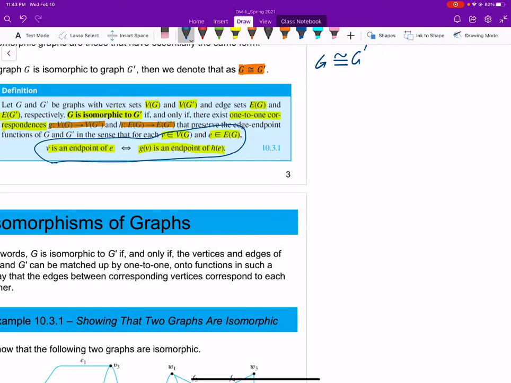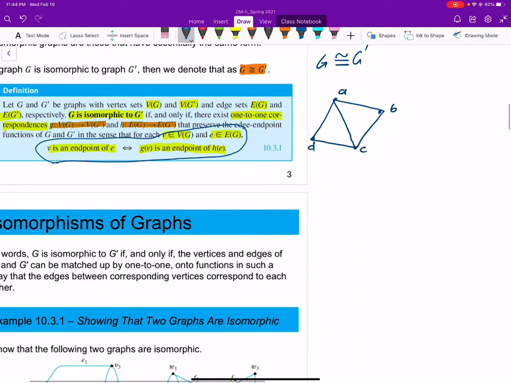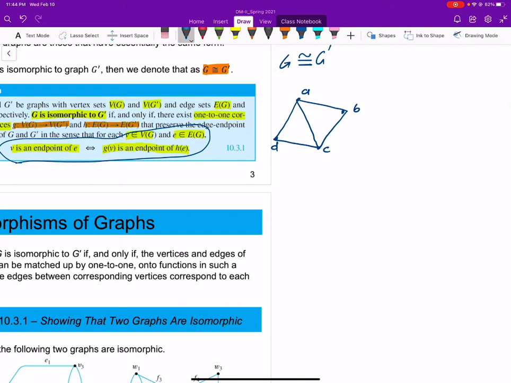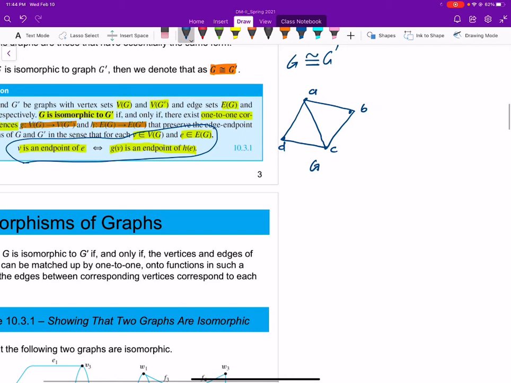Let's say this is the first graph you have, which is G, and it has vertices A, B, C, D. And then graph G prime is right here, with vertices P, Q, R, S.